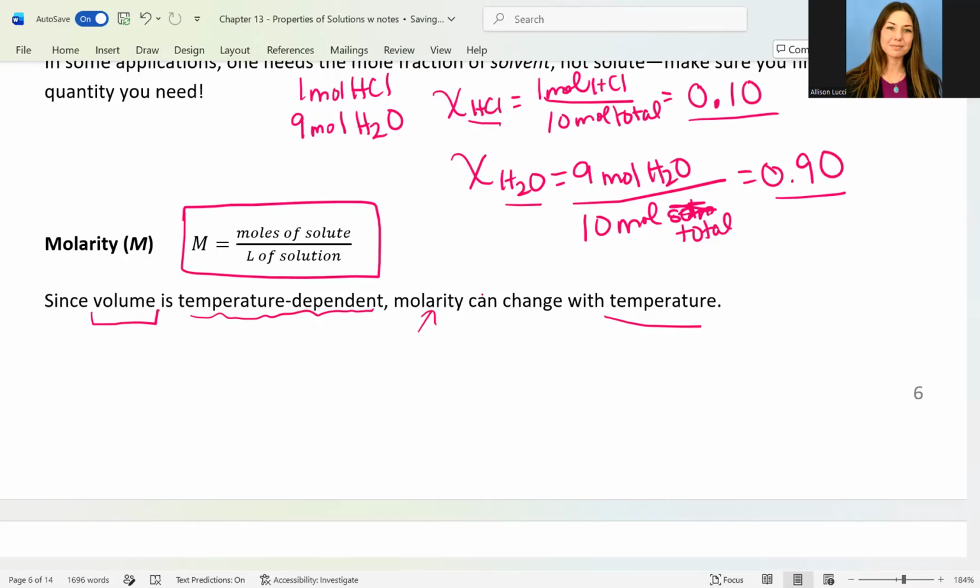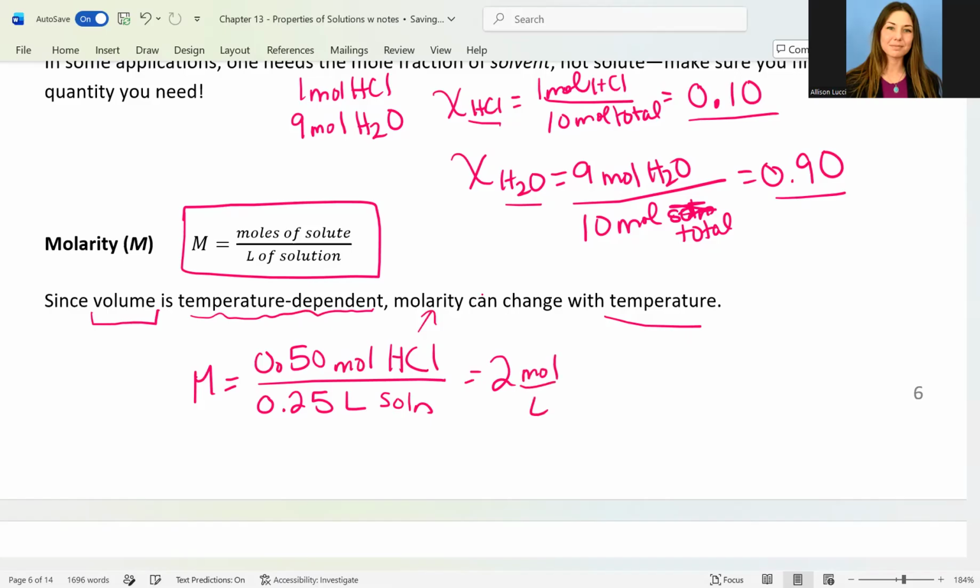So if we want to solve for molarity and say we have 0.50 moles of, how about HCl again? And we have 0.25 liters, so 250 milliliters of solution. We divide 0.5 by 0.25, and we see that we have a 2 mole per liter solution, which we can say is 2 molar.